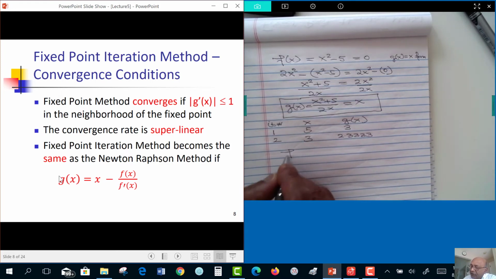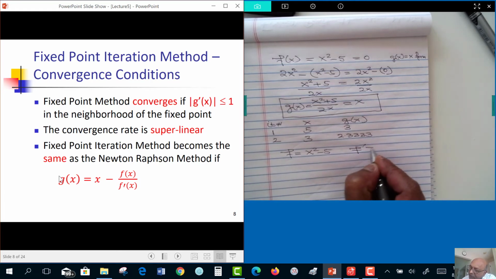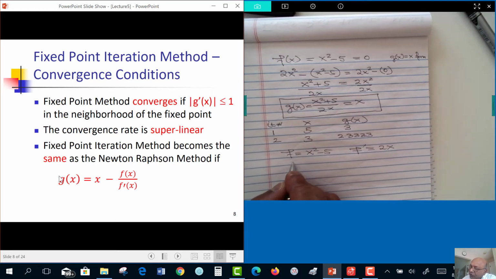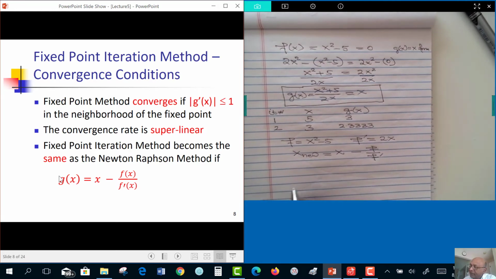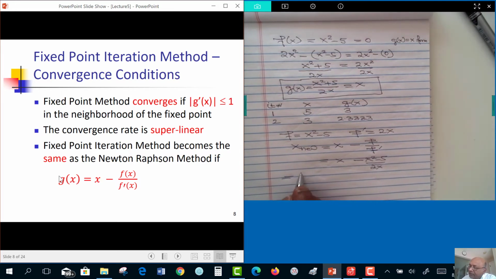Suppose I had my function x squared minus 5. I take its derivative, 2x. So my Newton-Raphson method would say x new is x minus f over f prime. So if I substitute x squared minus 5 over 2x, simplify it, 2x squared minus x squared minus 5 over 2x.